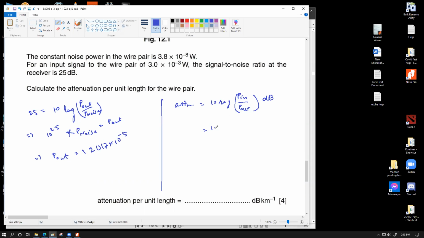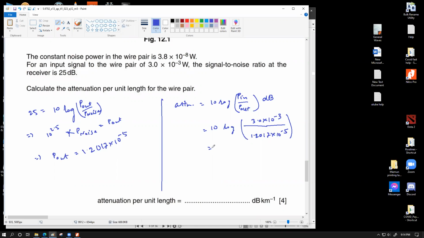This should be equal to 10 log 3.0 into 10 to the power minus 3 divided by 1.2017 10 to the power minus 5. I'm taking so many decimal places over here because this is an intermediate number. I don't want to get caught up in the rounding error. You can take less, but I prefer a bit longer for intermediate numbers. It gives me peace of mind.